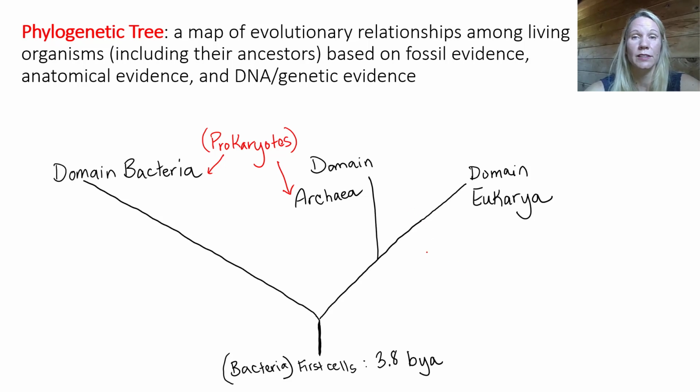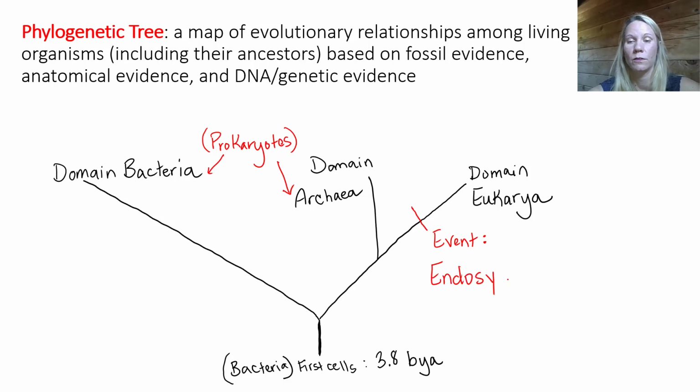And the origin of some of their unique cell structures occurred by a very important event. A lot of times on these phylogenetic trees, you see these little notches on the tree, and it represents a very important evolutionary event. So the event that occurs here in the timeline of life is an event called endosymbiosis, which we're going to describe in the next video.